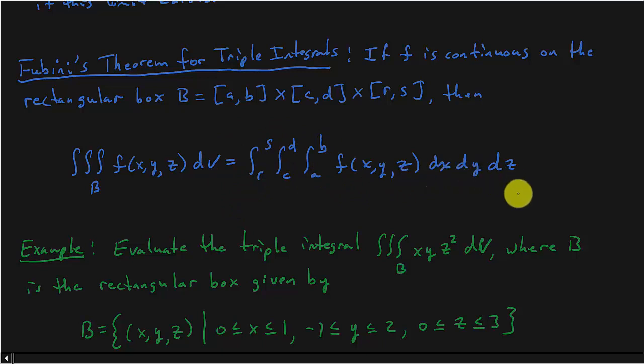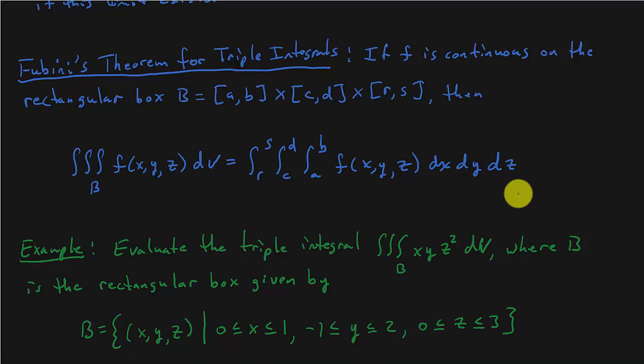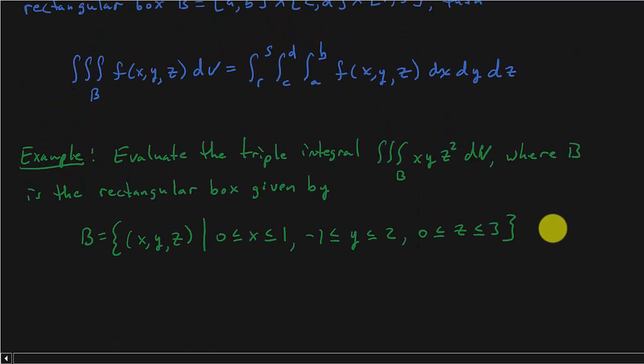Now, what we're going to do is evaluate these integrals. This first example will be pretty easy and straightforward. But later on, the hardest part is going to be actually setting them up. You've done some setting up of integrals when we did the double integrals.